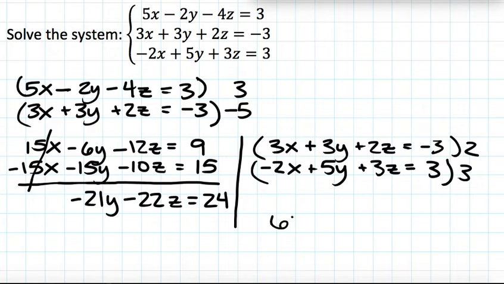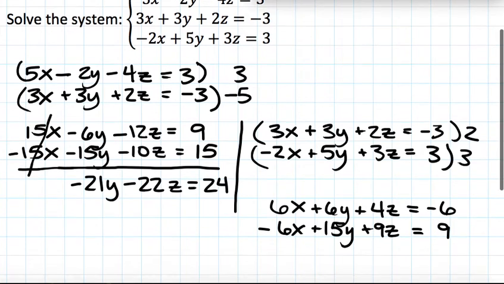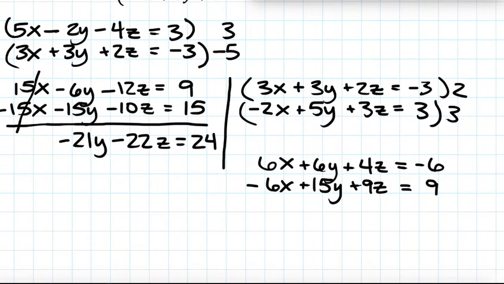So that's going to give me 6x plus 6y plus 4z equals -6, and -6x plus 15y plus 9z equals 9. Add those two equations together.